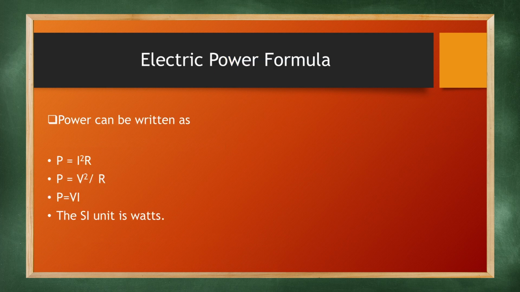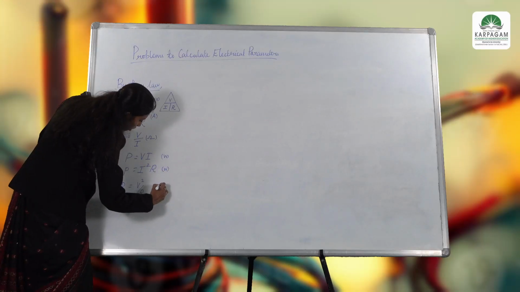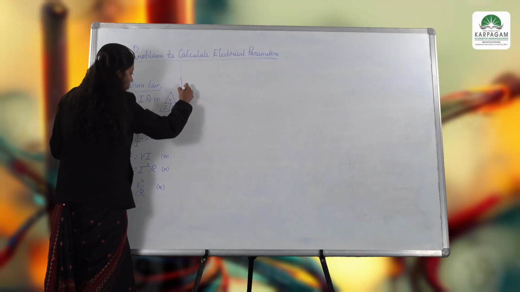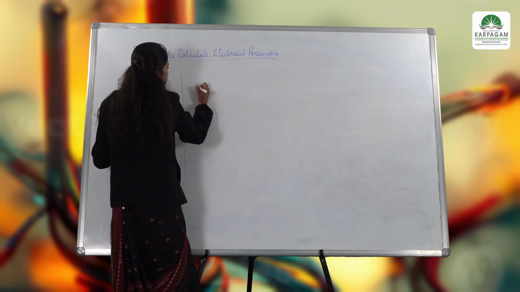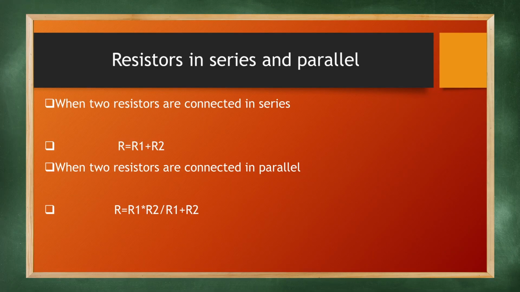And power can be calculated as V into I, which can be rewritten as I square R by substituting from Ohm's law, and also power can be written as V square by R. This will be given in watts, and this is also in watts. The unit is watts. So these are the basic formulas to calculate electric parameters. And also we know that in a series circuit, the total resistance can be calculated by R1 plus R2 plus R3.